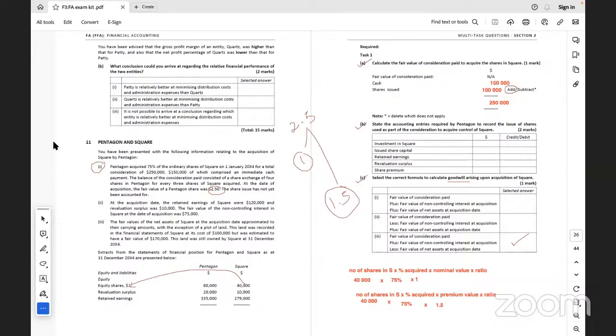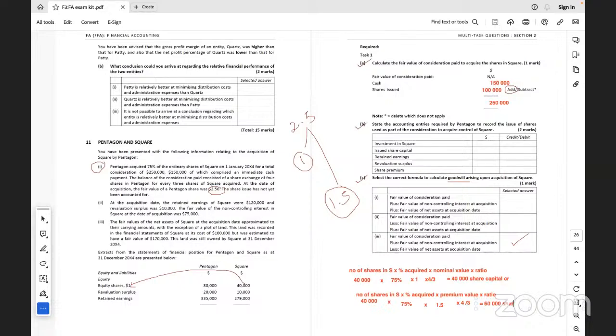Now you multiply this by the ratio. What's the ratio? The balance consideration is a share exchange, 4 for every 3. That means multiply by 4, divide by 3. Here also, multiply by 4, divide by 3. So here the answer would be 40,000. This should be share capital credit. Here, when you multiply, the answer is 60,000.